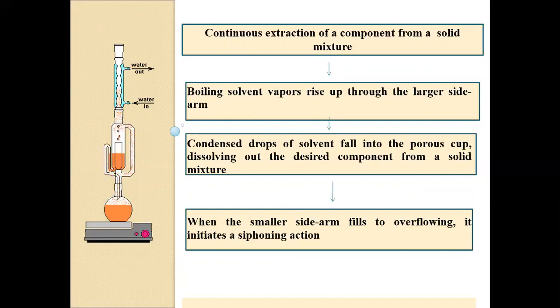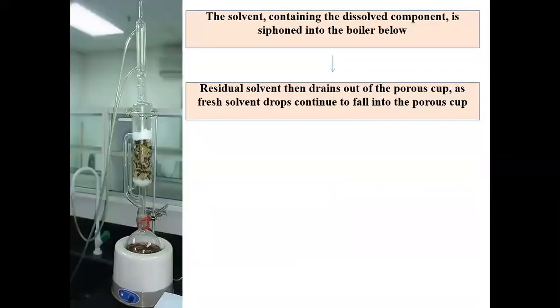When the smaller side arm fills to overflowing, it initiates a siphoning action. The solvent containing the dissolved component is siphoned into the boiler below, and the residual solvent is then drained out of the porous cup as fresh solvent drops continue to fall into the porous cup.